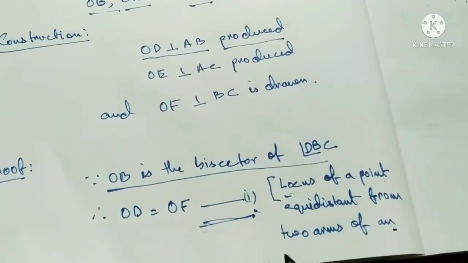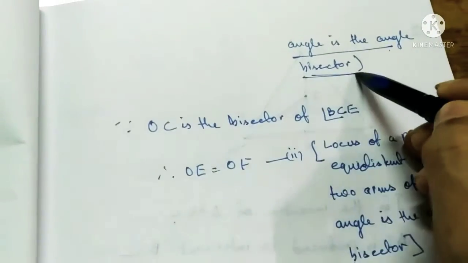This one you will have to write, very important. Locus of a point equidistant from two arms of an angle is the angle bisector.